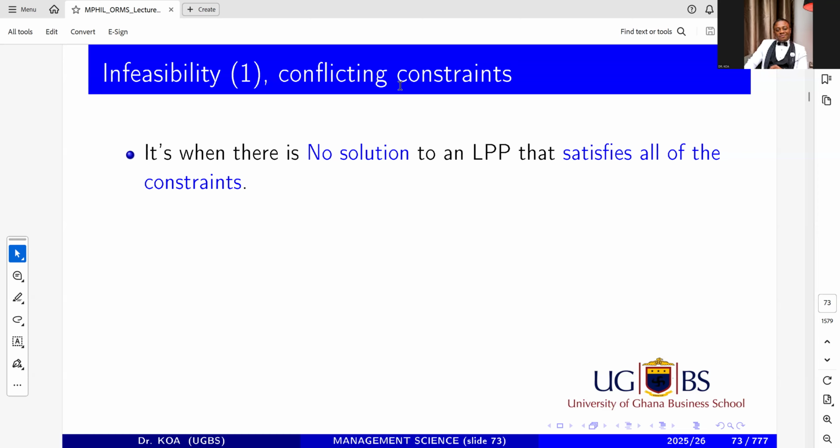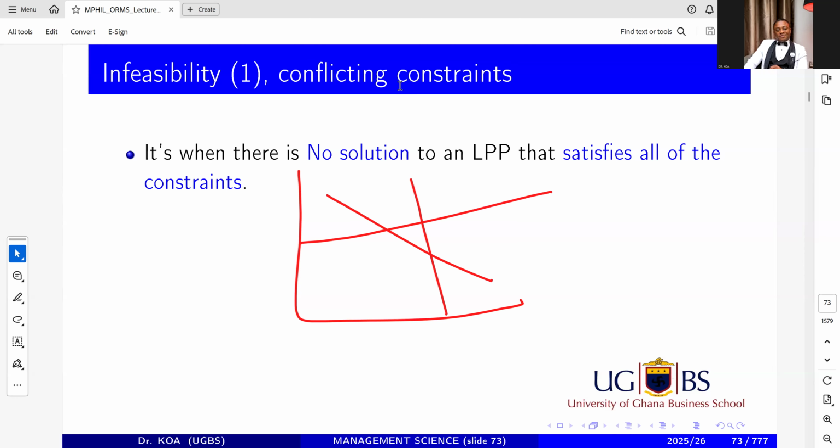I don't mean that every constraint should intersect every other. No, no, no. You can intersect some and not intersect others, fine, but at least you must intersect somebody. But when you have a constraint sitting on its own, not intersecting with anybody, straight away, we have a problem of infeasibility. Let's take an example.